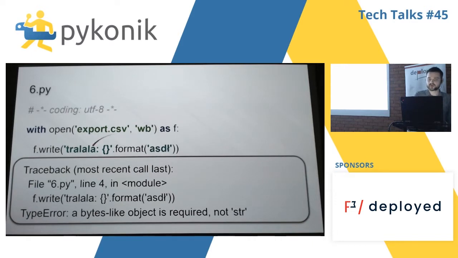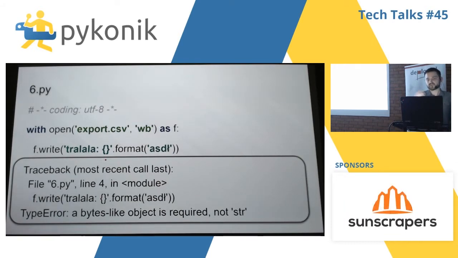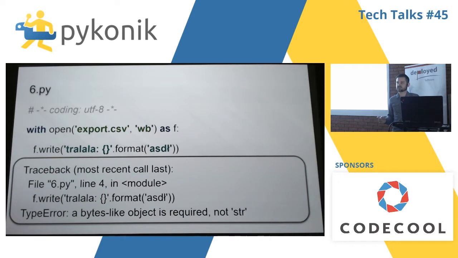So this will work, but then this string would have been converted to bytes. But again, Python protects you because it doesn't try to implicitly convert the object to strings, but it simply says, does not compute. Computer says no.